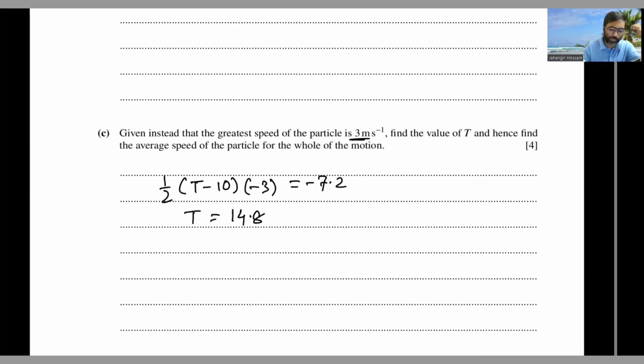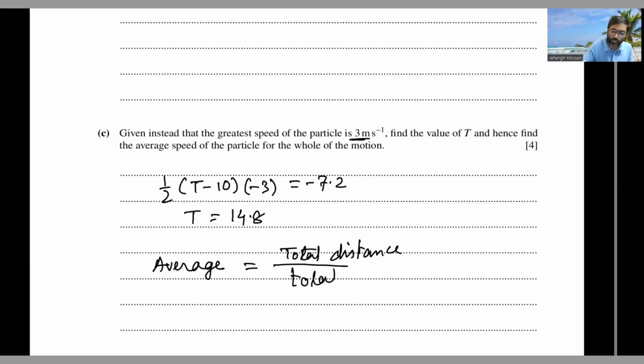Hence, find the average speed of the particle for the whole journey. Average speed will be total distance traveled over total time. Remember, the particle first travels 7.2 meters in the positive direction, then returns 7.2 meters in the negative direction. So the total distance is 7.2 times 2. So the average speed for the whole journey is total distance 7.2 plus 7.2 over the total time, which is 14.8.